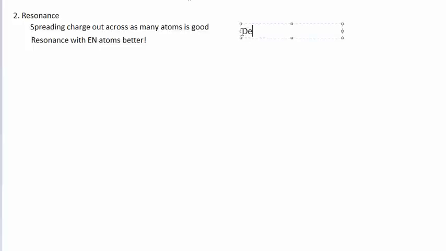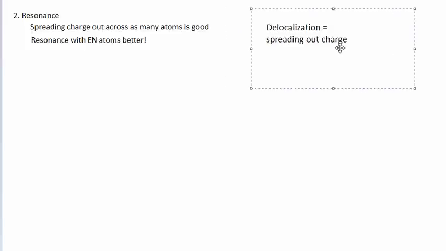If you haven't heard of delocalization in lecture, delocalization essentially means spreading out charge. When your electrons can move from one atom to the next through a delocalized electron cloud, that's very good for charge stabilization. And that's why resonance is so good at making things more stable.